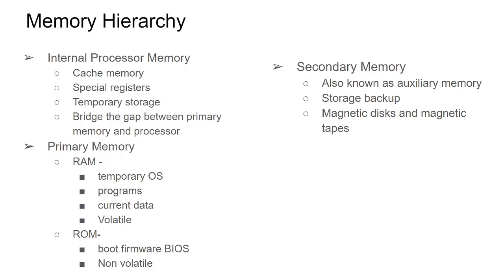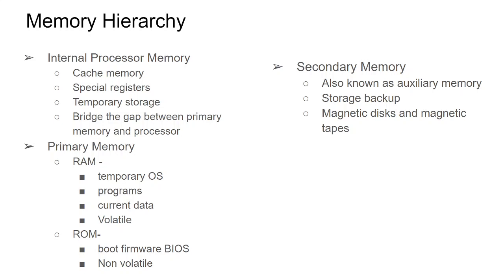So why is it necessary? It bridges the gap between the primary memory and the processor. In the second level we have the primary memory, which is fast and small.